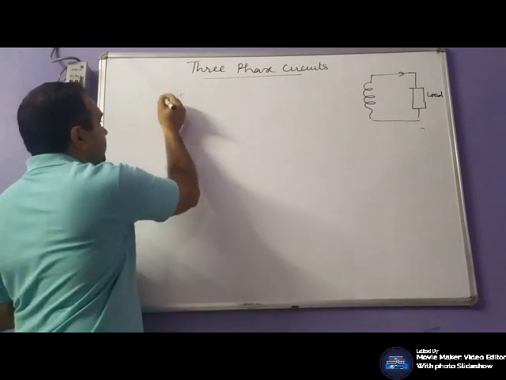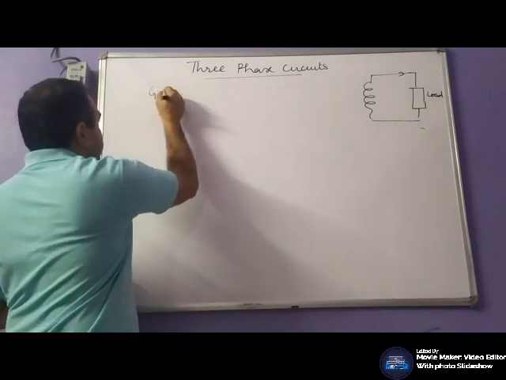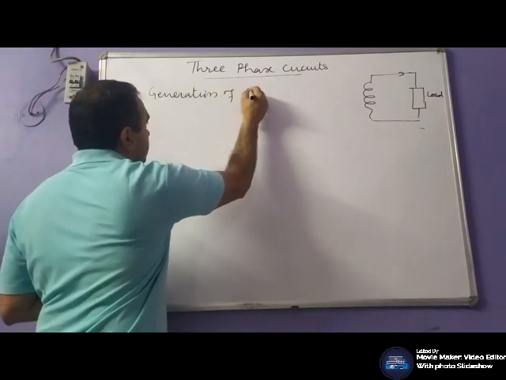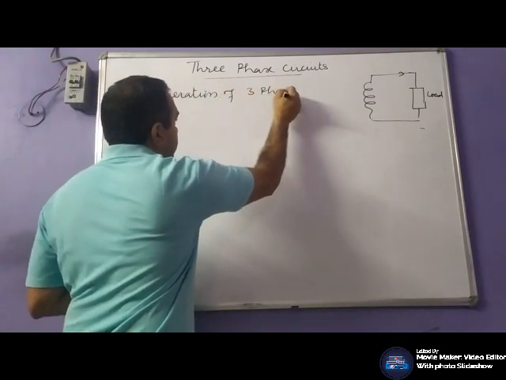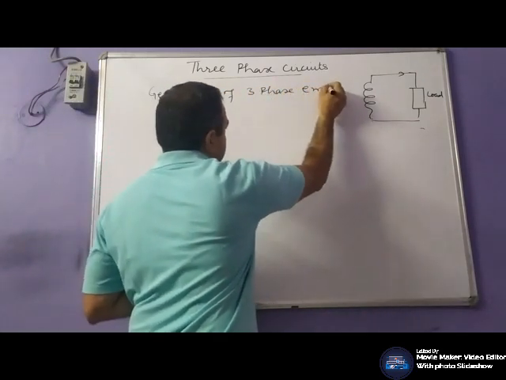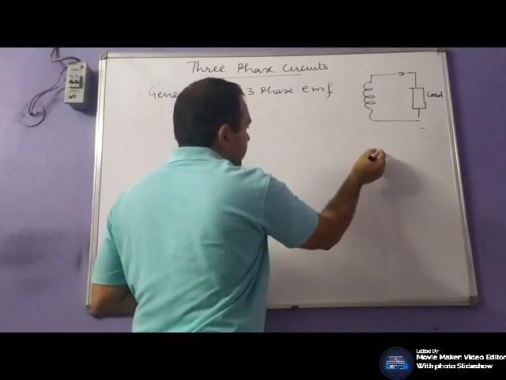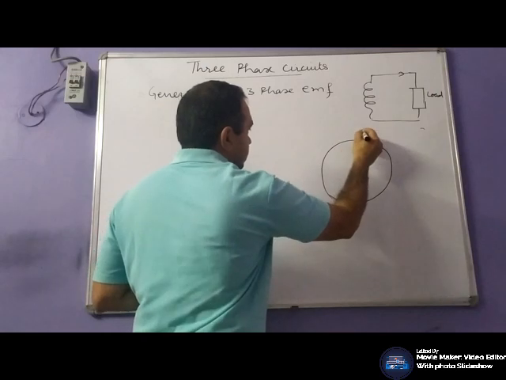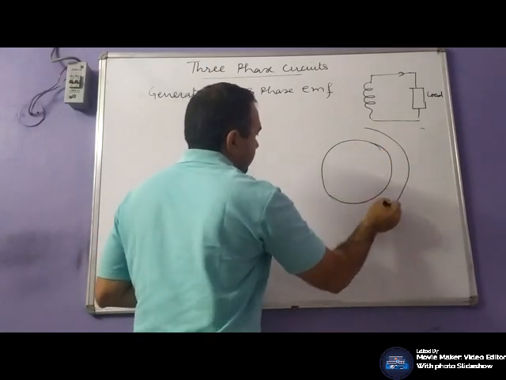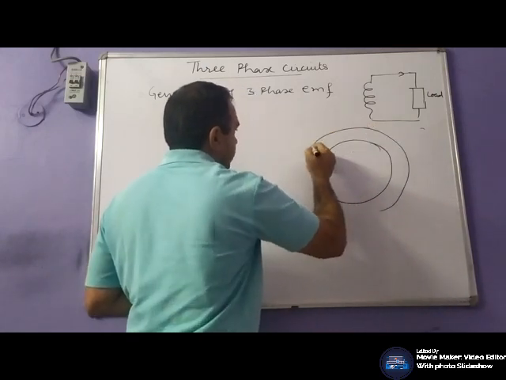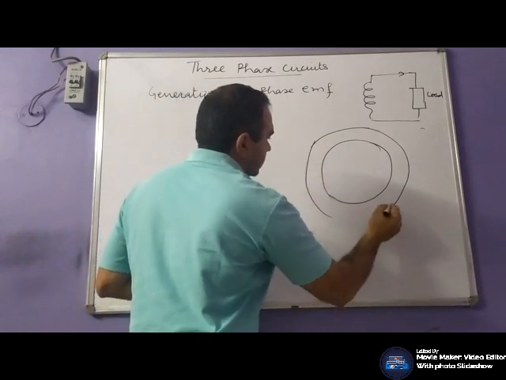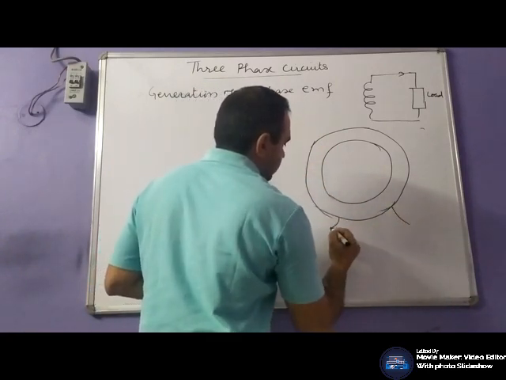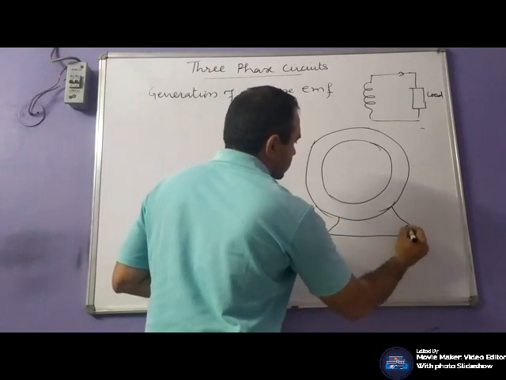How is three-phase EMF generated? Generation of three-phase EMF. Obviously, the EMF is being generated by the generators. And in case of three-phase system, we will have three coils in place of single coil.